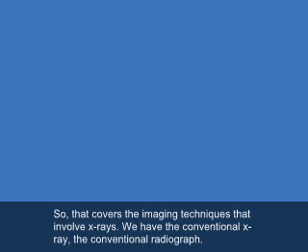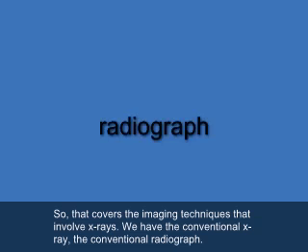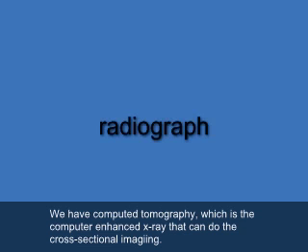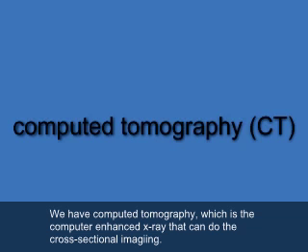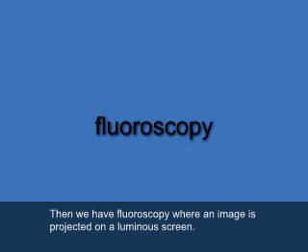Okay, so that covers the imaging techniques that involve X-rays. We have the conventional X-ray, the conventional radiograph. We have computed tomography, which is the computer-enhanced X-ray that can do the cross-sectional imaging. And then we have fluoroscopy, where an image is projected on a luminous screen.